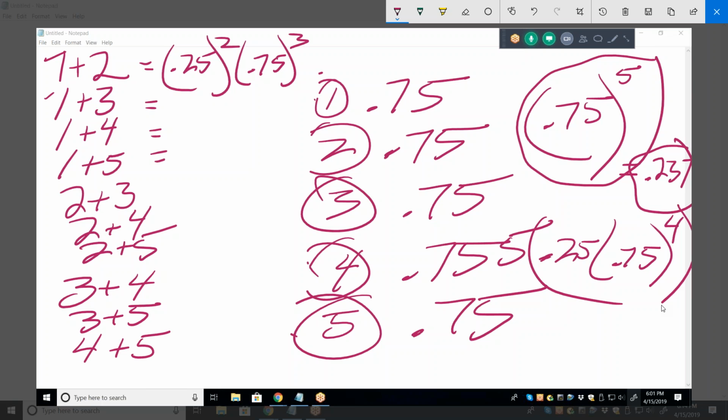So we've got 1, 2, 3, 4, 5, 6, 7, 8, 9, 10. All of them are this one, so the odds are 10 times that. Okay. So take 0.25, square it, multiply it by 0.75 cubed, multiply all of that by 10, and there's your answer.